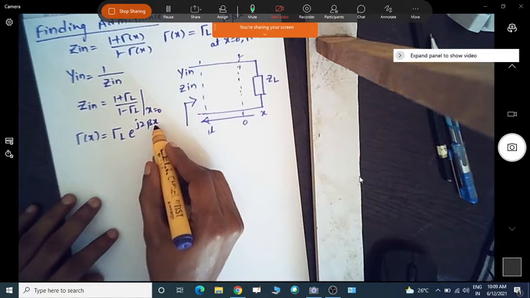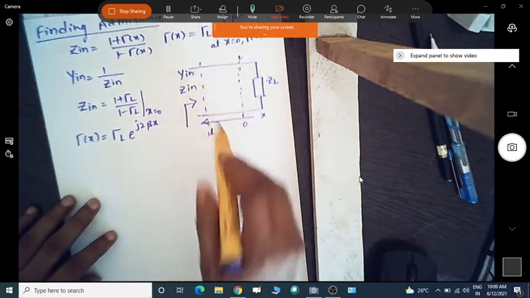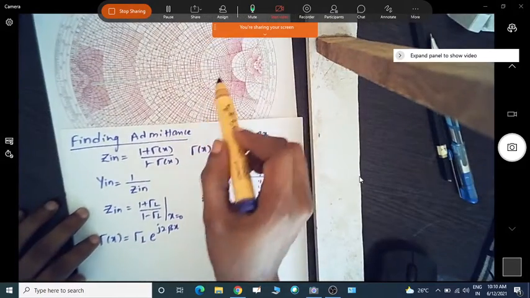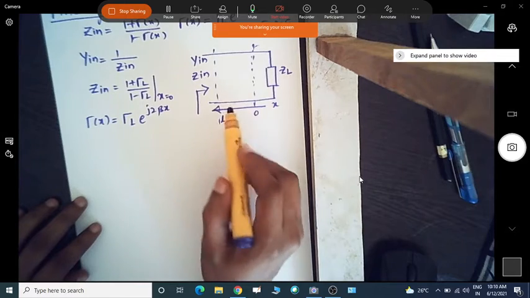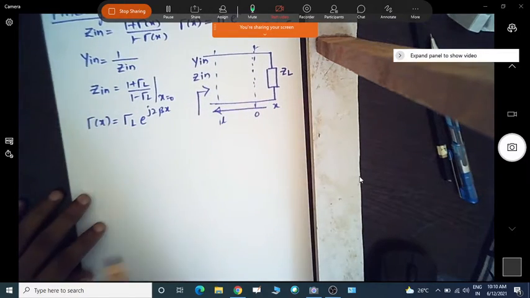So if I put x equal to L, in the Smith chart, first you will find out the normalized value of the impedance. Then if you traverse towards the generator by the known length L, you are going to get the input impedance.